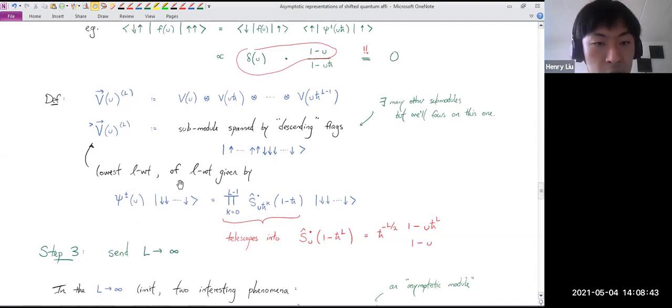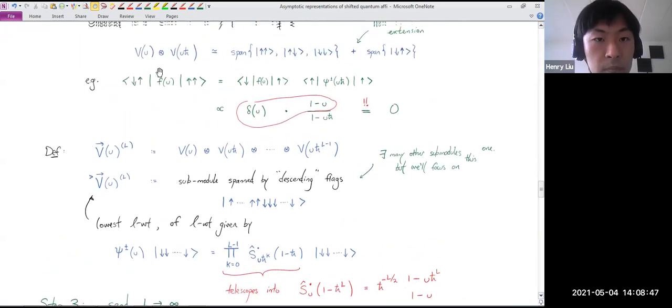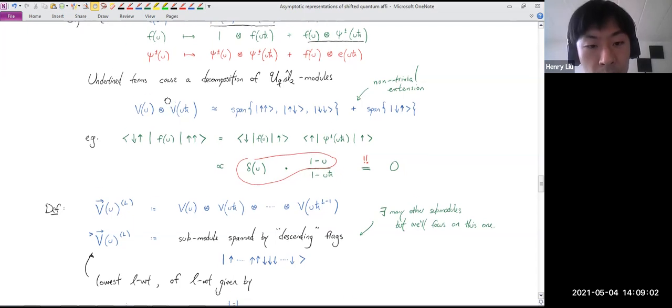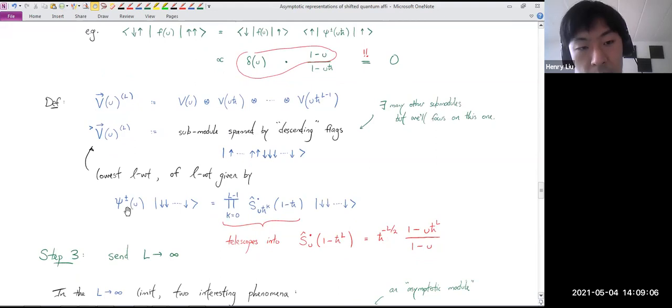Okay? And that computation is fairly straightforward because the coproduct of these psi's is of a very particular form. It's a sum of diagonal terms, so psi tensor psi, and so on. And everything else is off diagonal, and it's off diagonal in a very specific way, in such a way that if you apply psi to a lowest weight vector, it turns out to just be the product of the psi's of each individual vector.